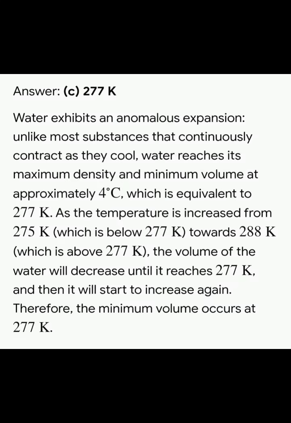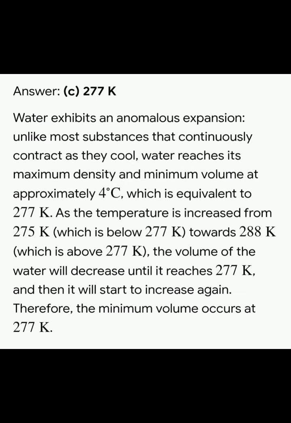Next question is, the temperature of a given amount of water is slowly increased from 275 to 288 Kelvin. Among the following temperatures, the volume occupied by the water will be minimum at dash. We know water has an anomalous expansion. That means it reaches maximum density and minimum volume at 4 degrees Celsius, that means 277 Kelvin.